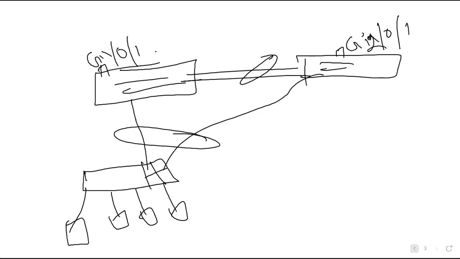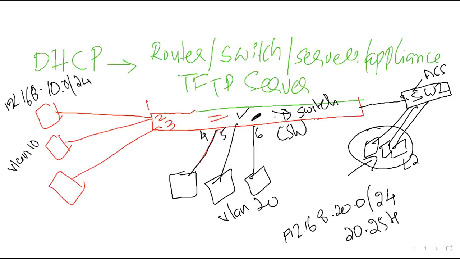So to make a network easy to deploy, you have DHCP in the switch, and whoever is connected to it will get the IP address from the DHCP server directly. Your DHCP server can be your switch, your router, your server, or your Wi-Fi router or Wi-Fi controller, or any relevant device that can provide DHCP services.